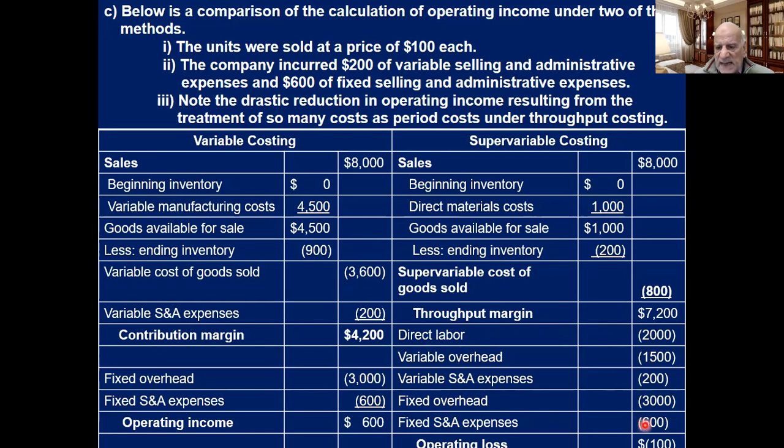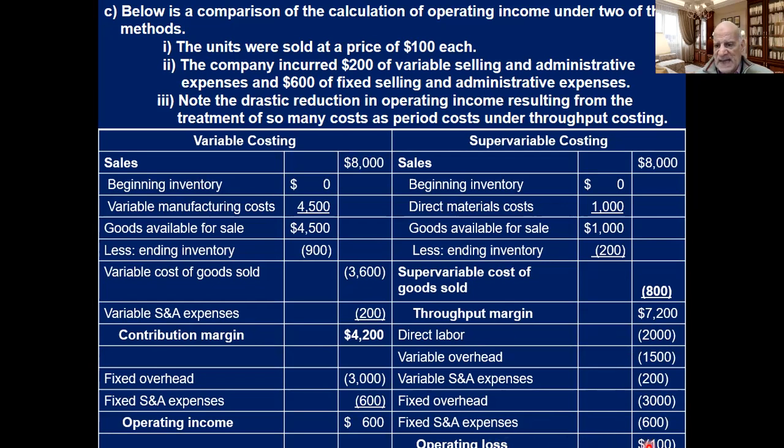All of these items are not super variable. So, subtracting these items from the throughput margin, we will have operating income of 100. It is a loss, not operating income. It is an operating loss.